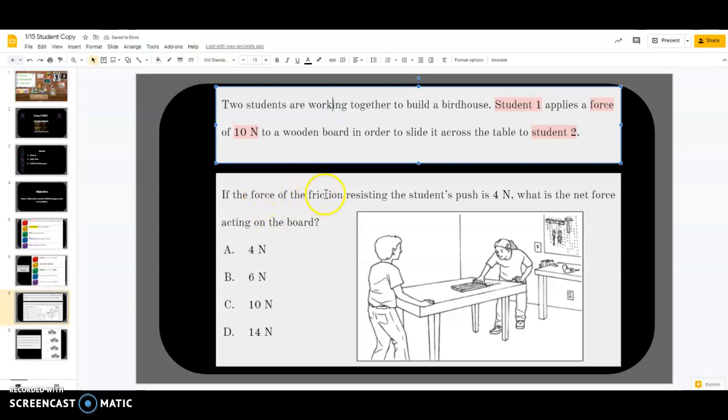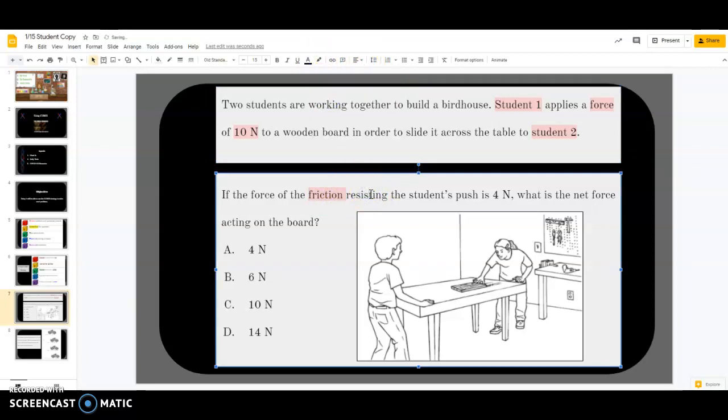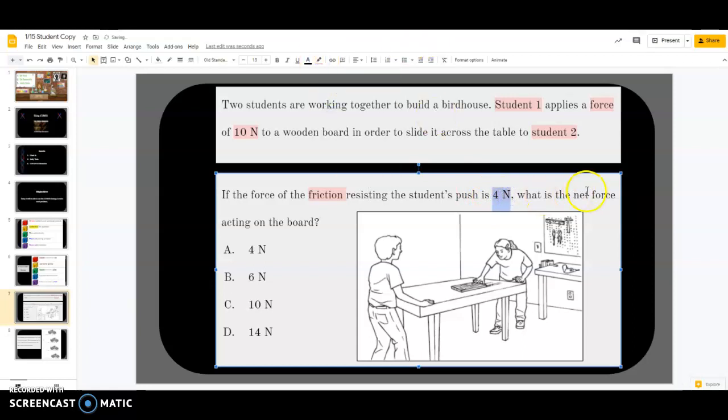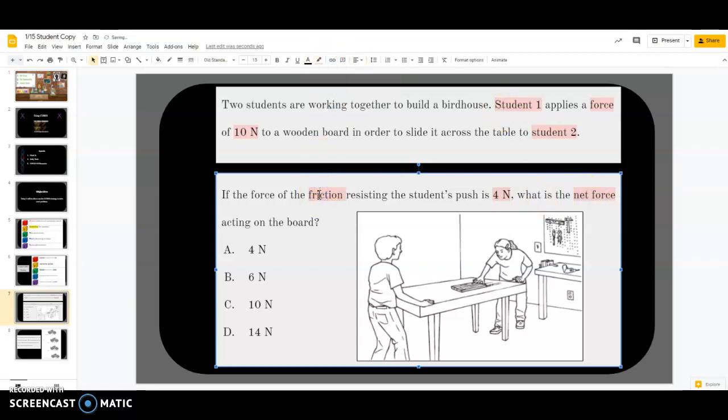If the force of friction, vocab word, resisting the student's push is 4 newtons, what is the net force acting on the board? Okay, I need to highlight 4N because that's 4 newtons and that's vocab. And then net force is also a vocab word. Now I am completely done with C for this first part.